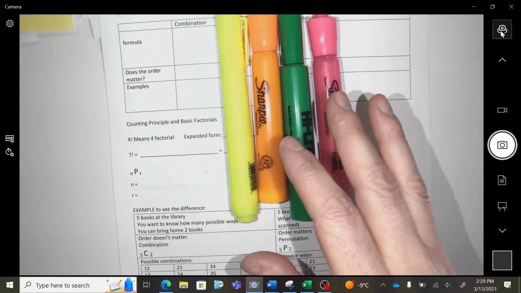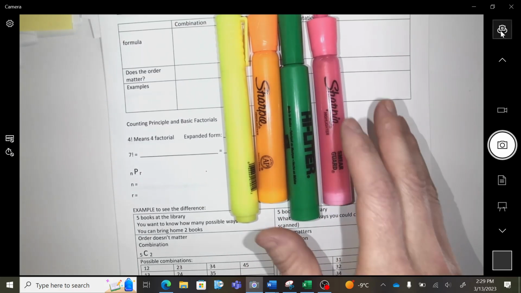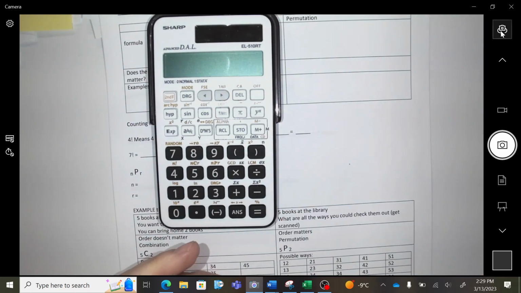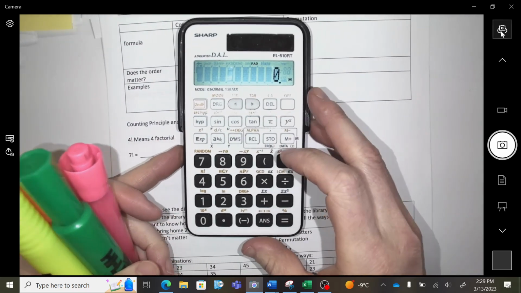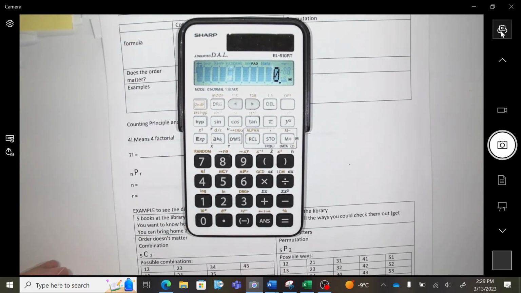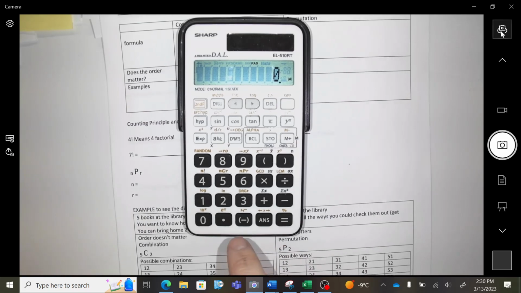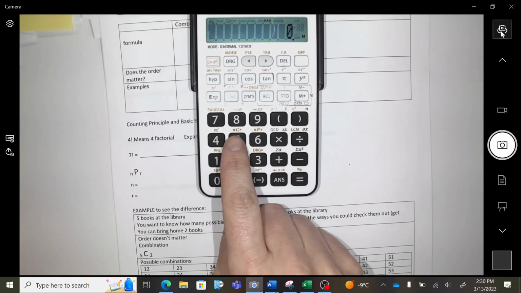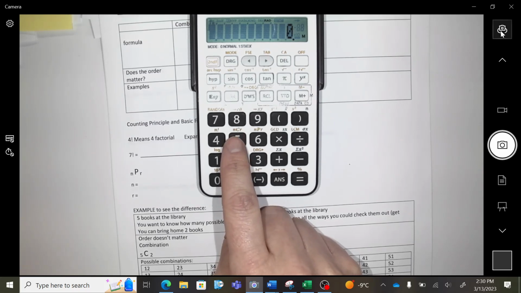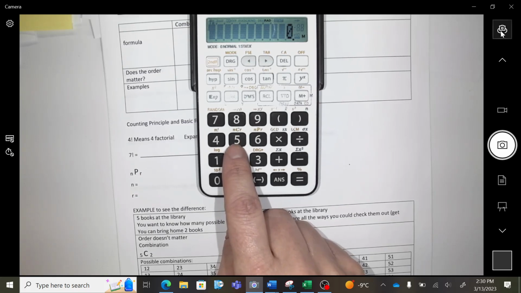Okay, so here's what we're going to do. We're going to grab our calculator. We're going to learn a new button on our calculator. On my calculator, it's this nCr, and mine is right above my 5.